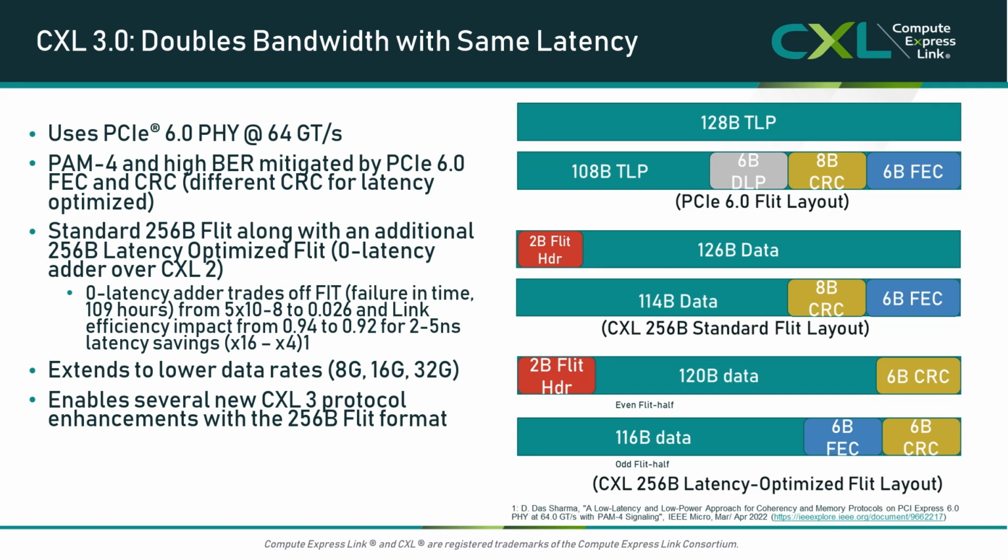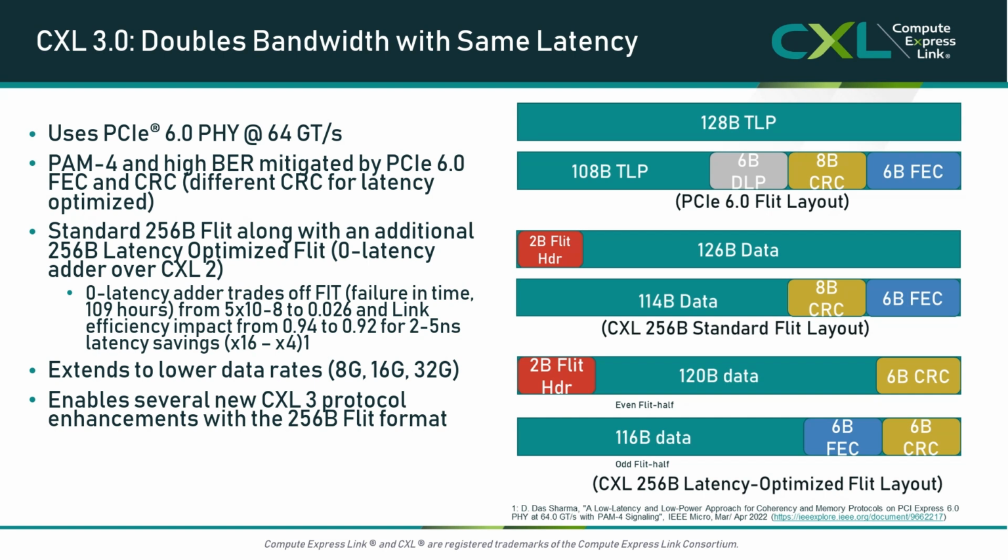With PCIe 6.0, we also moved to PAM4 to simplify the transition to doubling the bandwidth with the same clock. There are other things that PCIe did in terms of forward error correction and CRC that CXL leveraged.